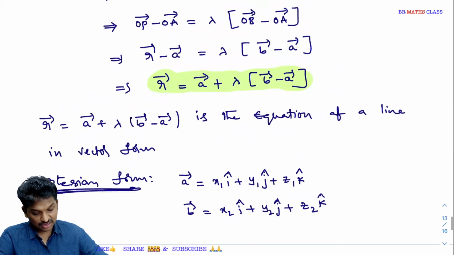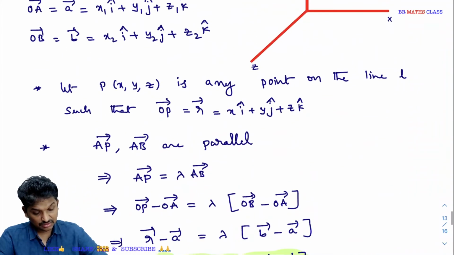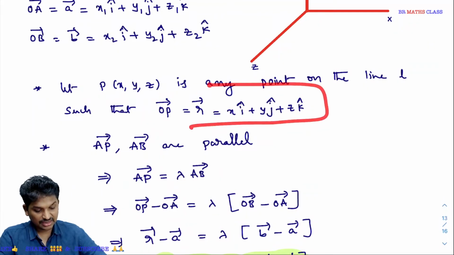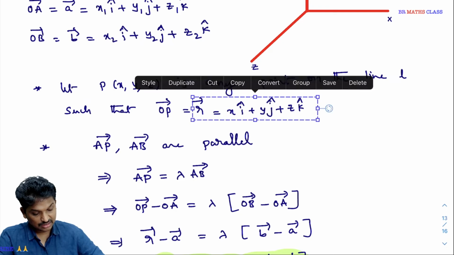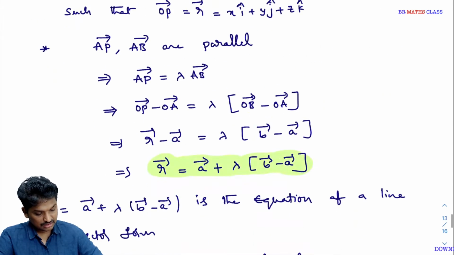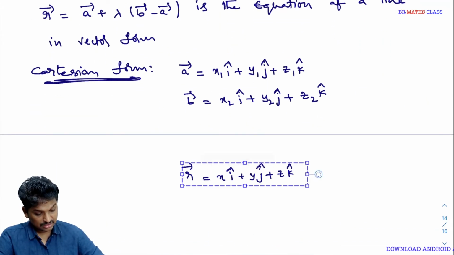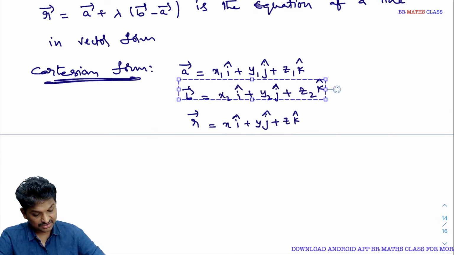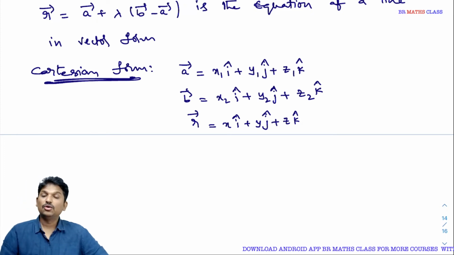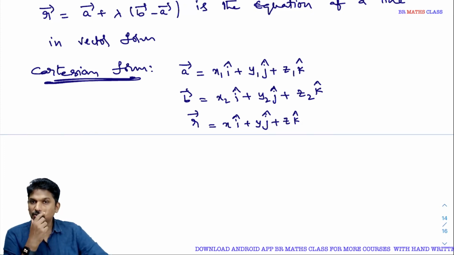And what is R bar? R bar you also written here. R bar equal to xi cap plus yj cap plus zk cap, right? Okay, A bar, B bar, R bar. Total 3 things are there.